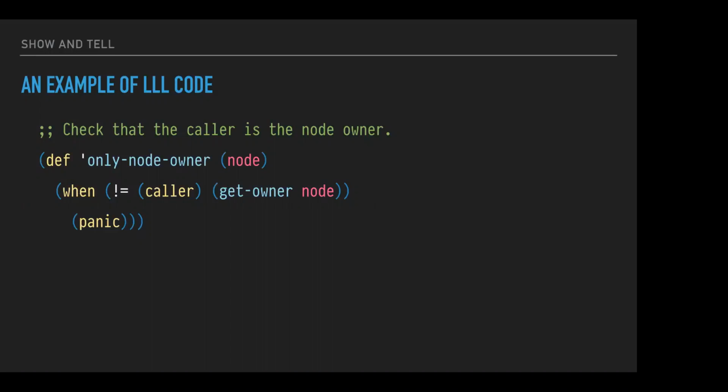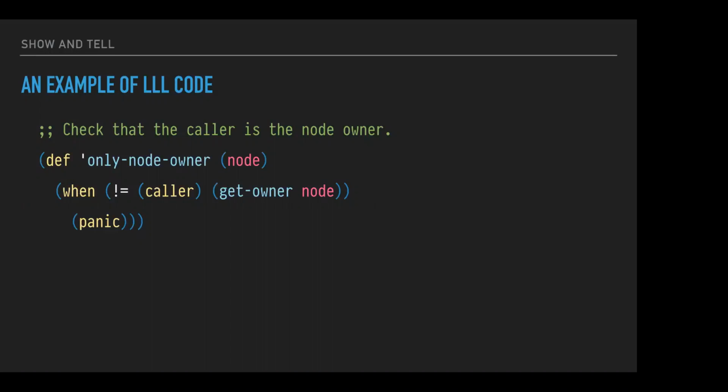And you can also see the use of symbolic expressions and prefix notation. Everything is composed of lists defined within matching parentheses, and prefix notation can be seen with the use of the not equal operator. The operator comes first, and its operands follow.